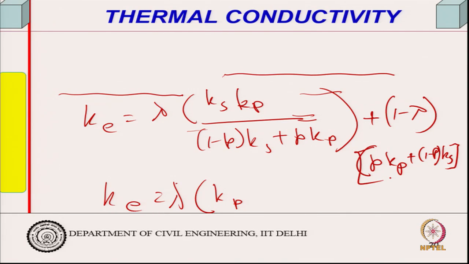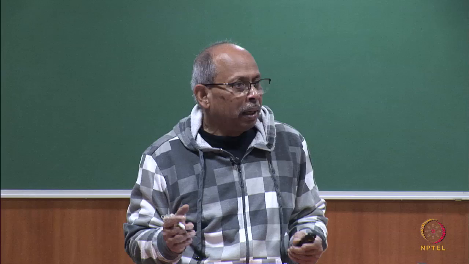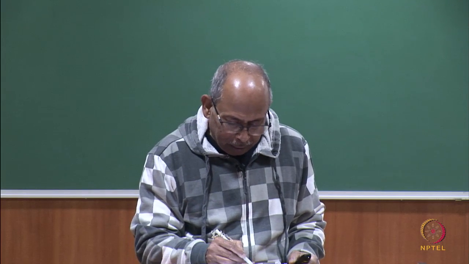So, this kind of thing has also been attempted, but then they do not work. Again you have to find out what is the proportion of series and the rest is parallel and things like that. So, it becomes difficult.